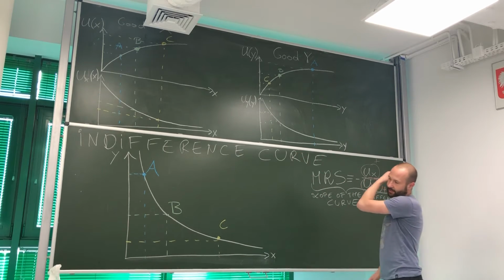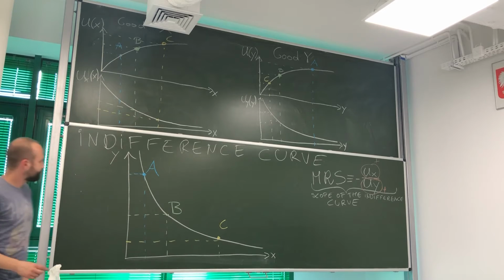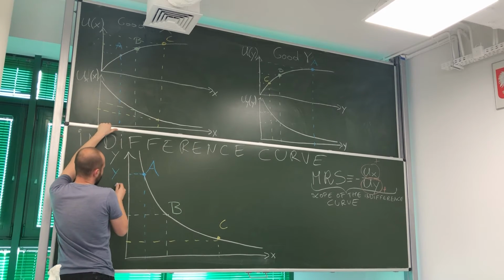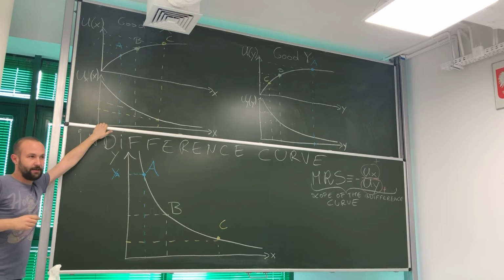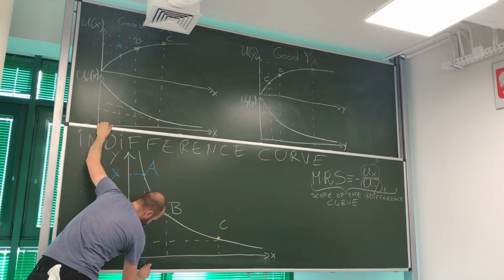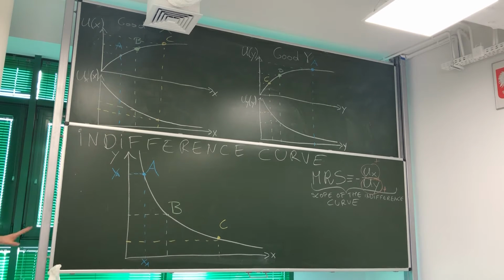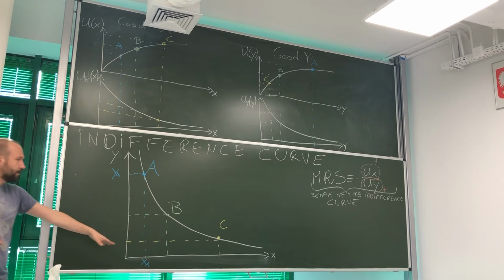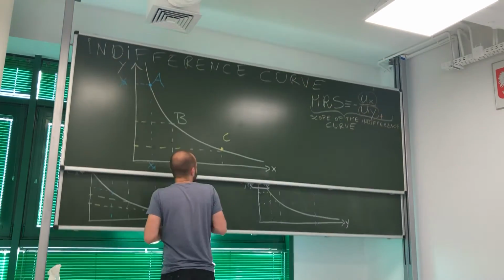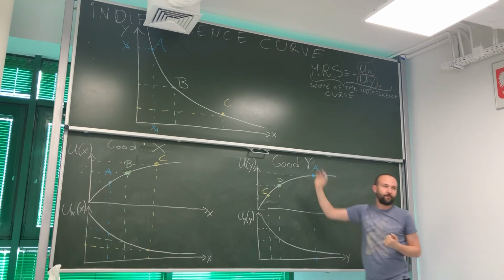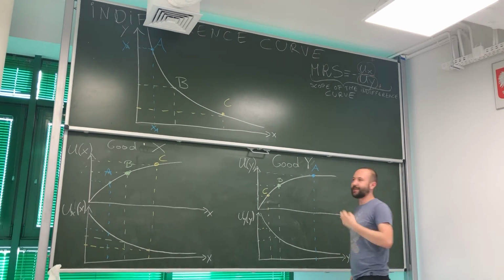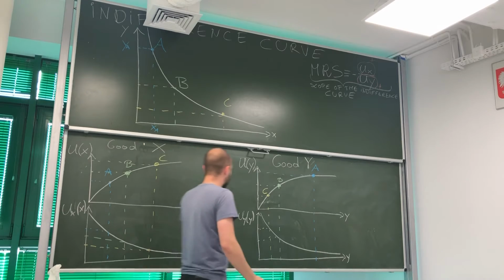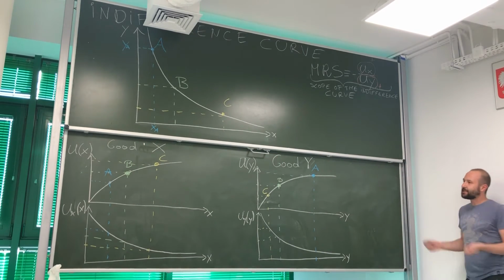And look, let's assume that we are at point A. At point A, we see that the customer has, let's say, YA of good Y and XA of good X. So we clearly see that the customer has a lot of good Y and just a little of good X. Okay, now, if the customer would consider these goods individually, we can resort to what we learned already about marginal utility for a single good and extend it to the case of 2 goods.